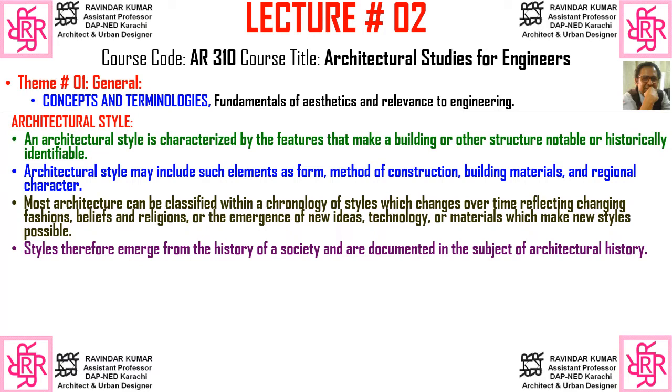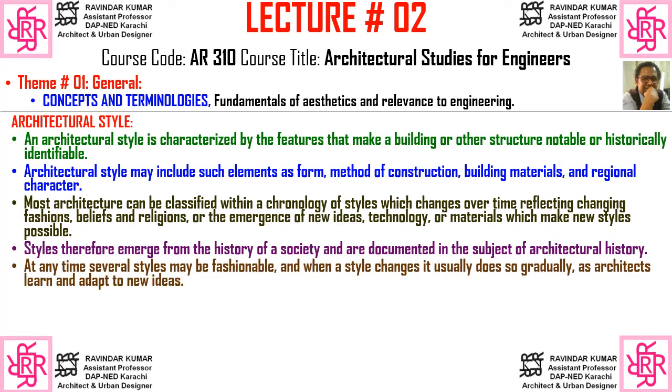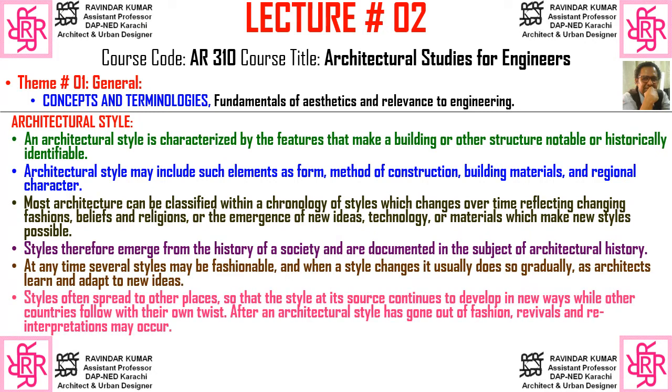Styles therefore emerge from the history of a society and are documented in the subject of architectural history. At any time, several styles may be fashionable, and when a style changes, it usually does so gradually as architects learn and adapt to new ideas.